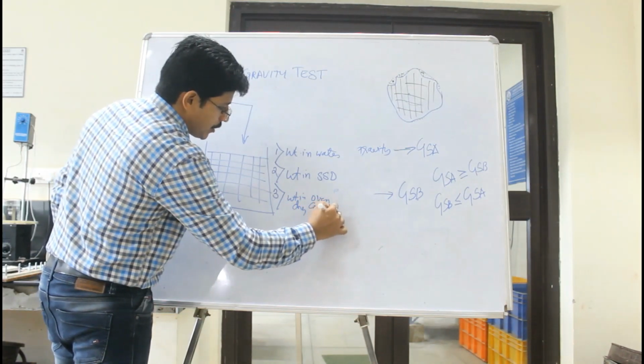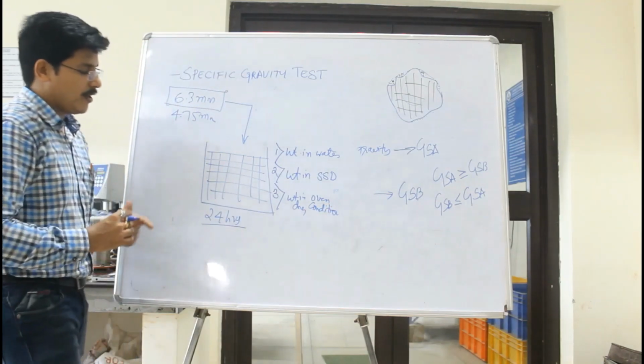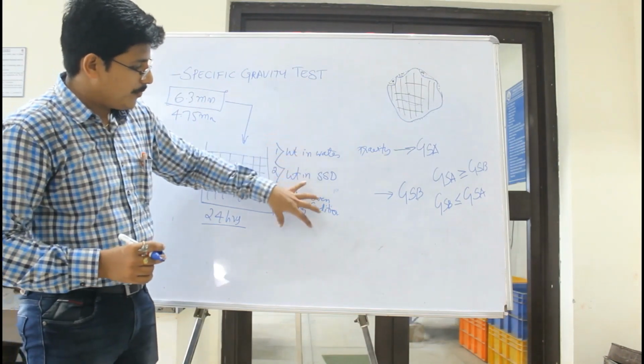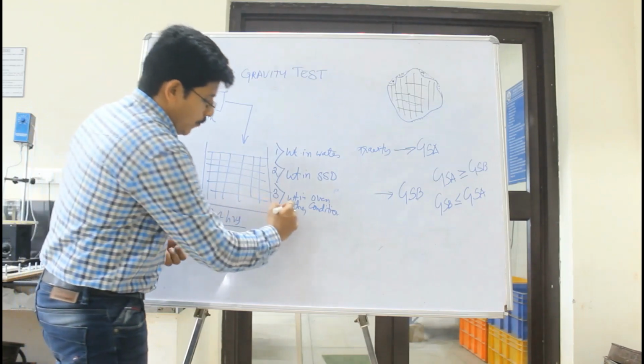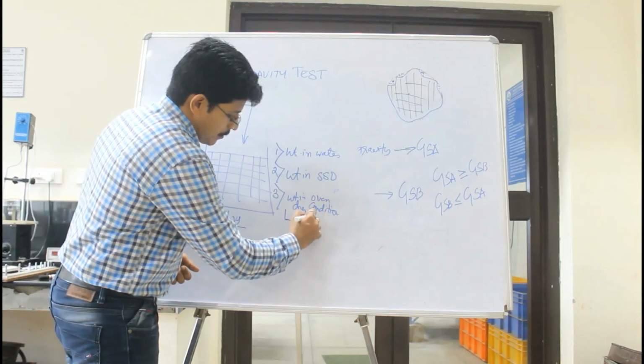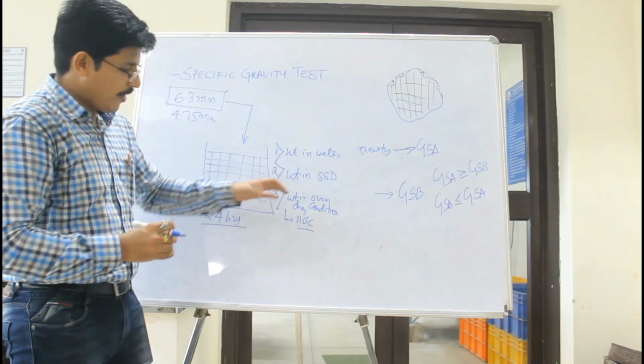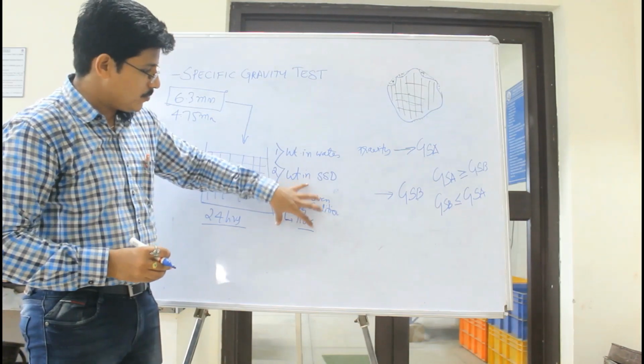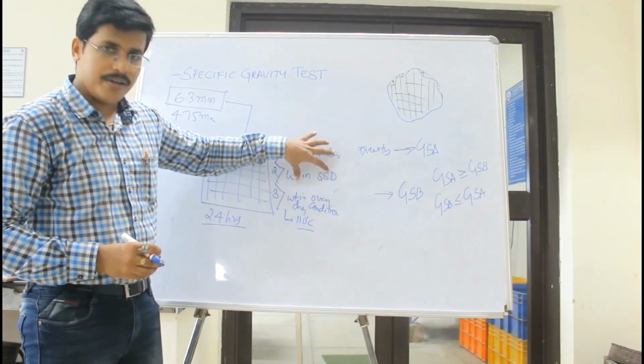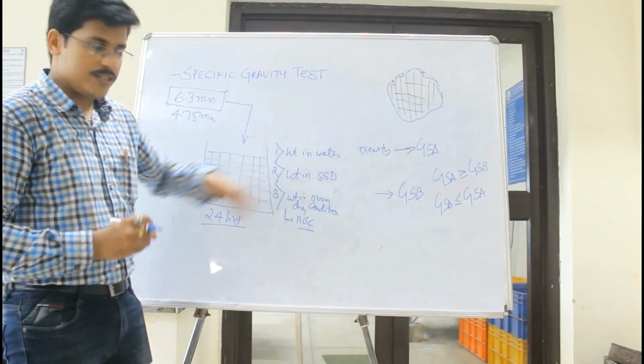We keep the aggregates in an oven at 110 degrees for 24 hours and then find the oven dry weight. With these three weight measurements, we can find GSA and GSB.